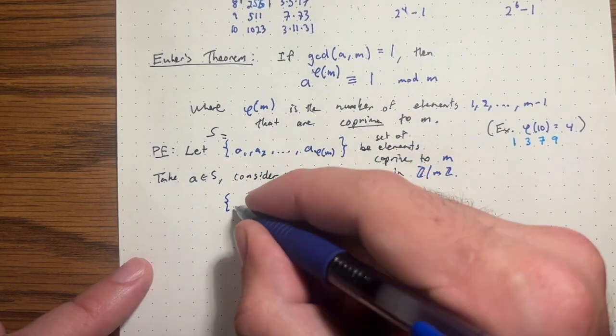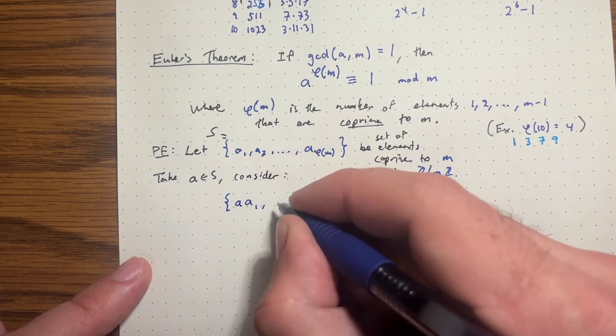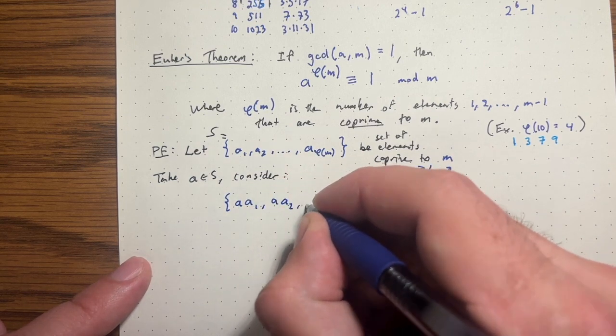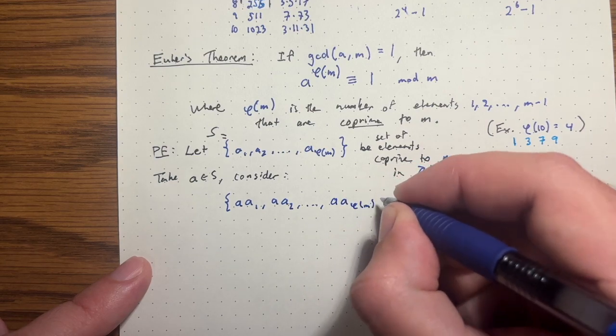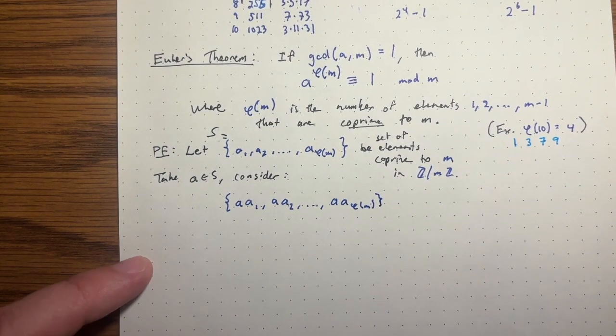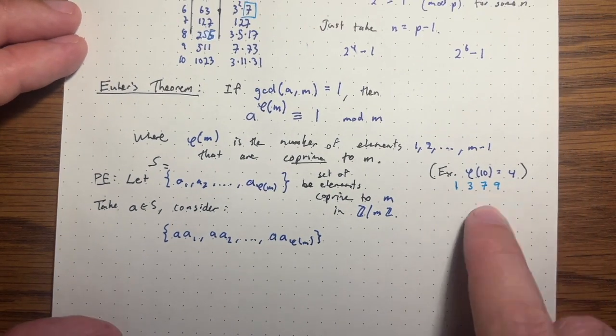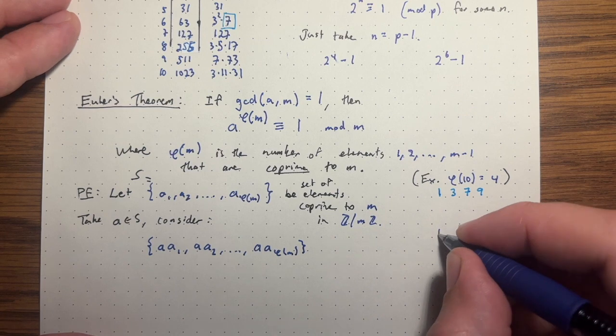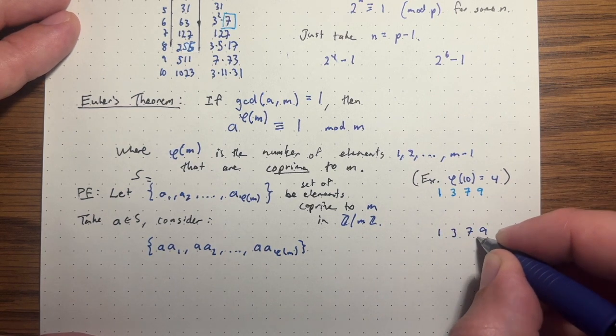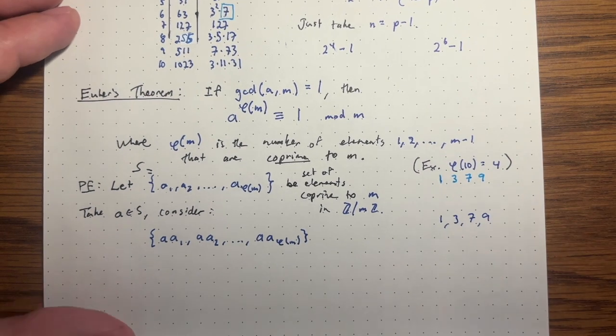I'm going to consider the new set obtained by multiplying every one of these elements by A. Just like before, only in this case, we have phi of m elements. Let's try it with this. Let's take 1, 3, 7, 9. That would be our set in the case of 10. And we'll multiply everything by 3.